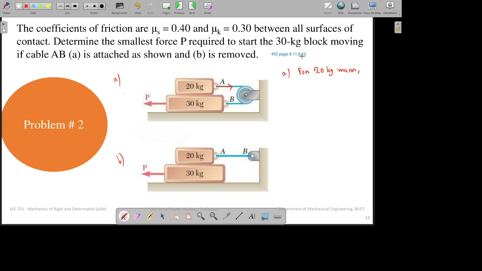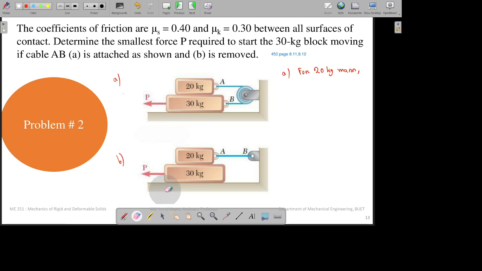So you have to consider it like the equilibrium condition: the summation of forces in the right direction and the summation of forces in the left direction will be equal. As a result, it will be in equilibrium. That will be the smallest force of P for which the motion will impend.